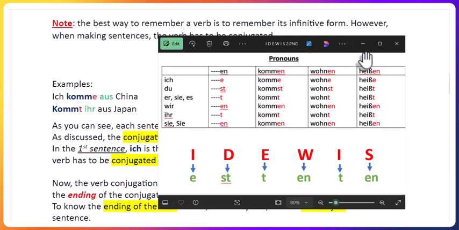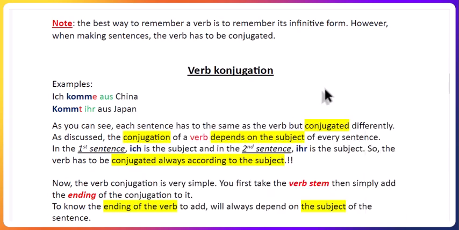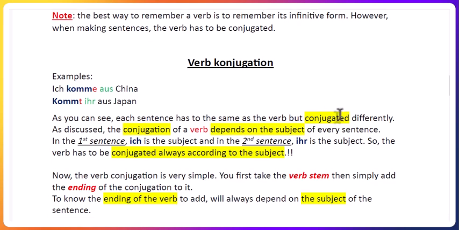This idea is where they say you can't form sentences if you don't know conjugation. Forget about forming sentences.